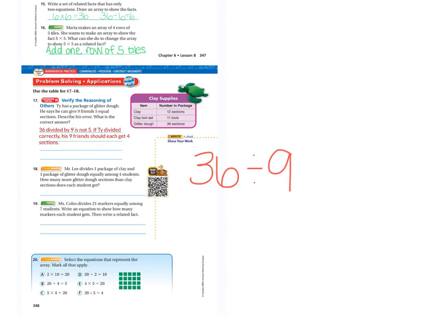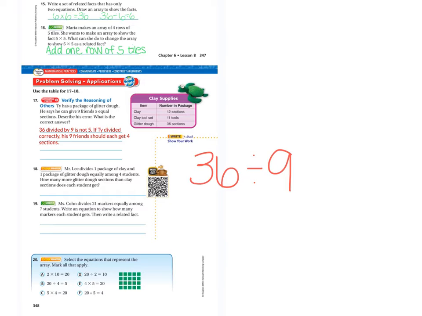When you read this problem, you should have divided 36 because there are 36 sections of glitter dough in a package. 36 by Ty's 9 friends to make sure it's 5. It's actually not. That's the error that you should have caught. So 36 divided by 9.